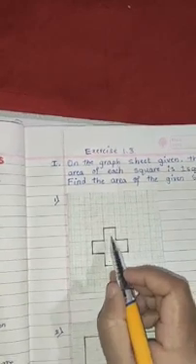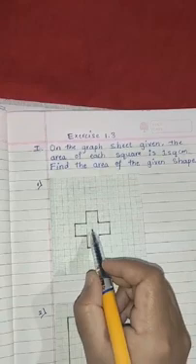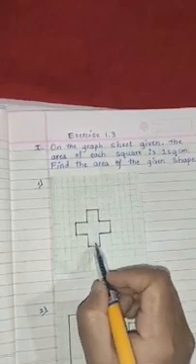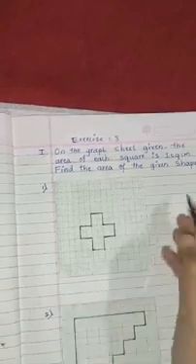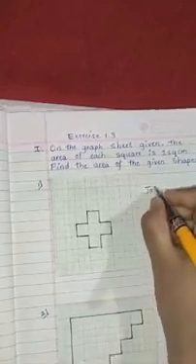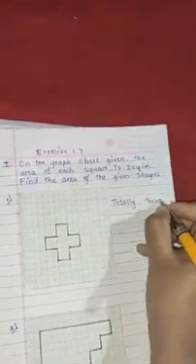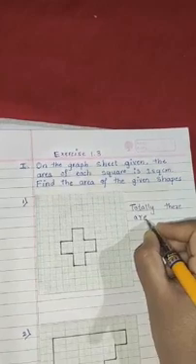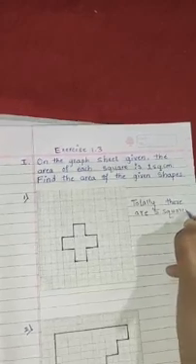How to count the squares here? Let's count it. 1, 2, 3, 4, 5. How many squares are there in this figure? Yes, there are 5 squares, right?